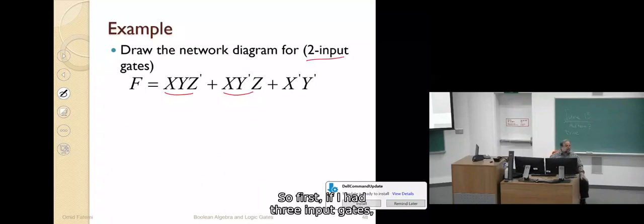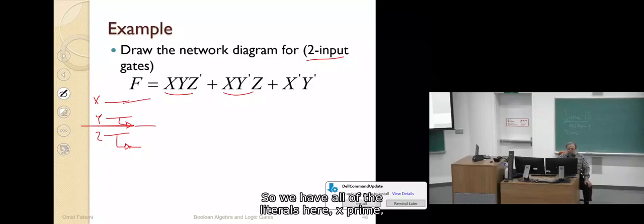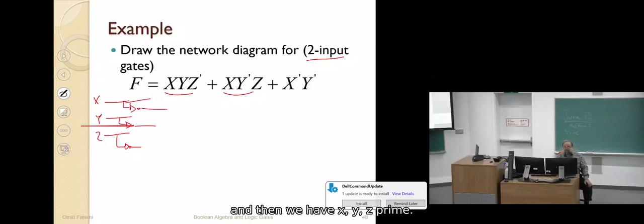So first, if I had 3-input gates, so x, y, z. I have z prime, so I will use a NOT to generate z prime. I have y prime, so I will generate a NOT also. I have x prime also. So we have all of the literals here, x prime here.